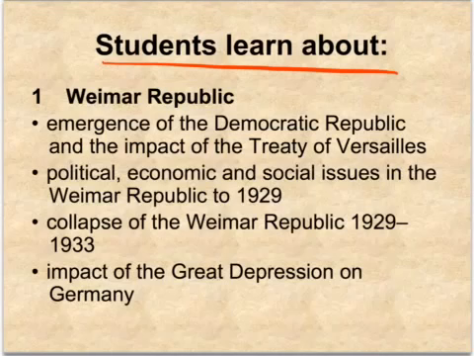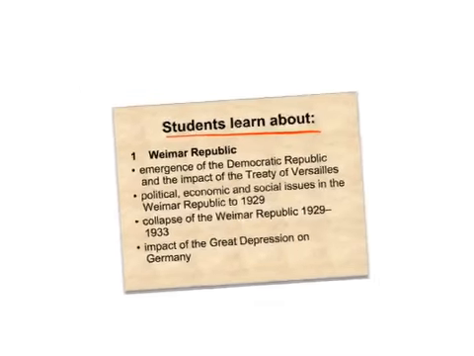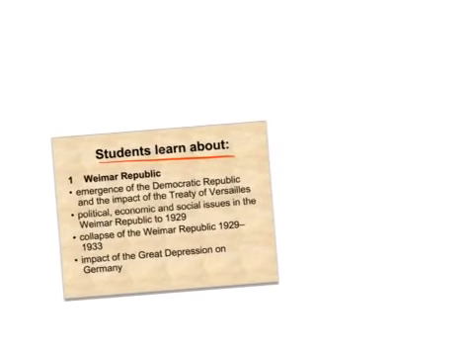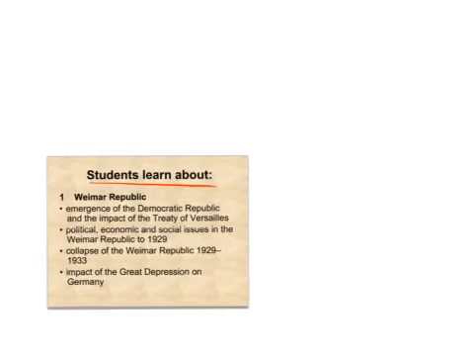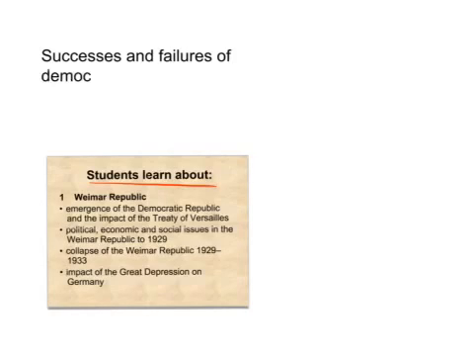For this one, I guess the main thing that we look at with looking at Weimar Republic is the key feature and issue, which is quite important, really, and that's looking at the successes and failures of democracy.